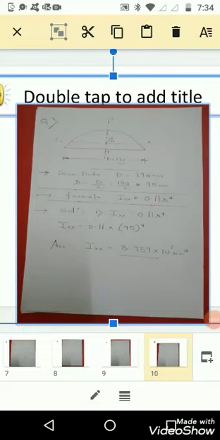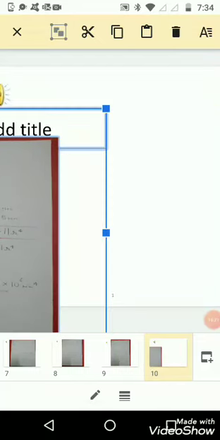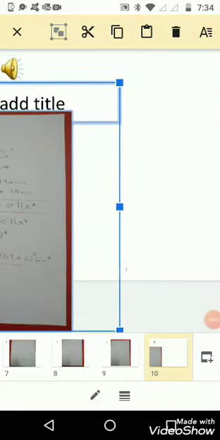R is 95, so 95 raised to 4. The answer you are getting is Ixx = 8.959 into 10 raised to 6 mm raised to 4. I hope this is clear. Okay, we'll move to the next slide.